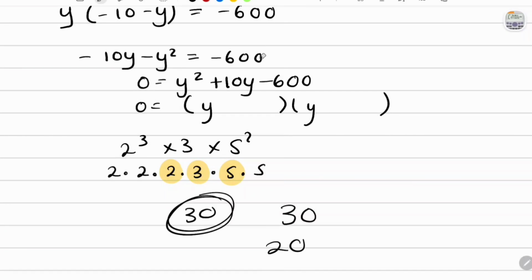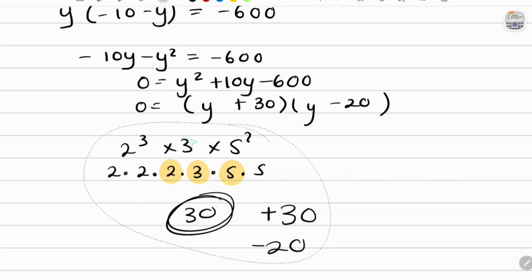So because you have negative 600, think about how you need to put those. It means that if it's negative, one needs to be positive, one needs to be negative, but your middle must be positive 10. For that to happen, I will leave the 30 as positive, the 20 as negative, because 30 minus 20 is positive 10, and 30 times negative 20 is the negative 600. Okay, so I'm going to say positive 30 and negative 20.